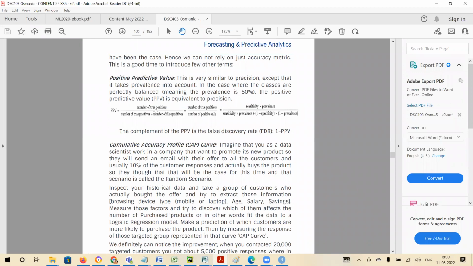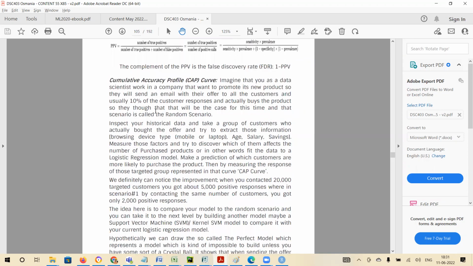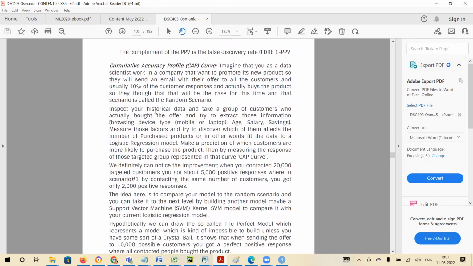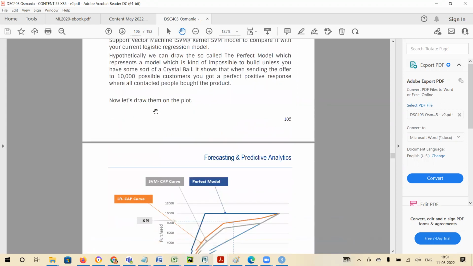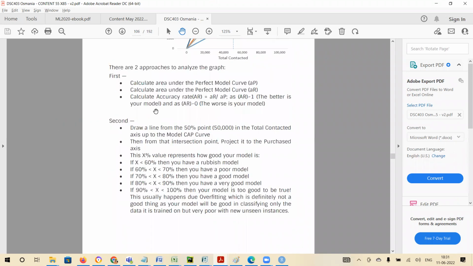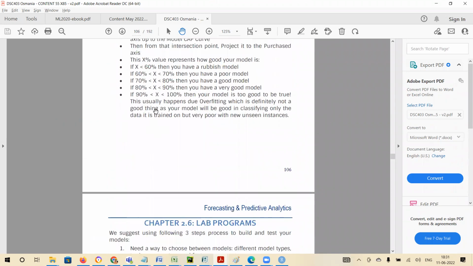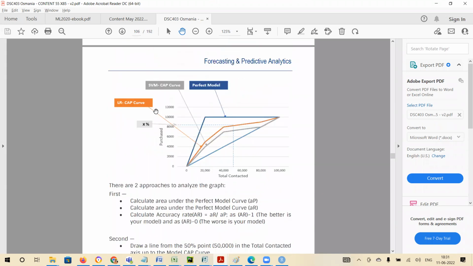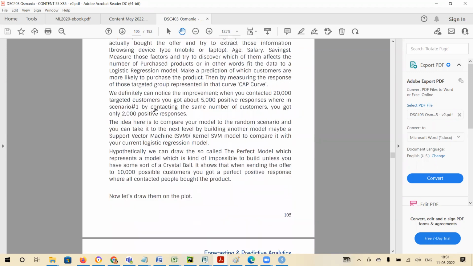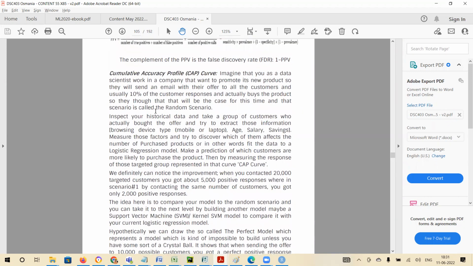PPV is positive predictive value. Then you have cumulative accuracy profile, CAP curve. Just remember any two or three. CAP curve is one more factor. These are the factors based on which you can accurately classify. It's called model evaluation basically. How do you evaluate the model?